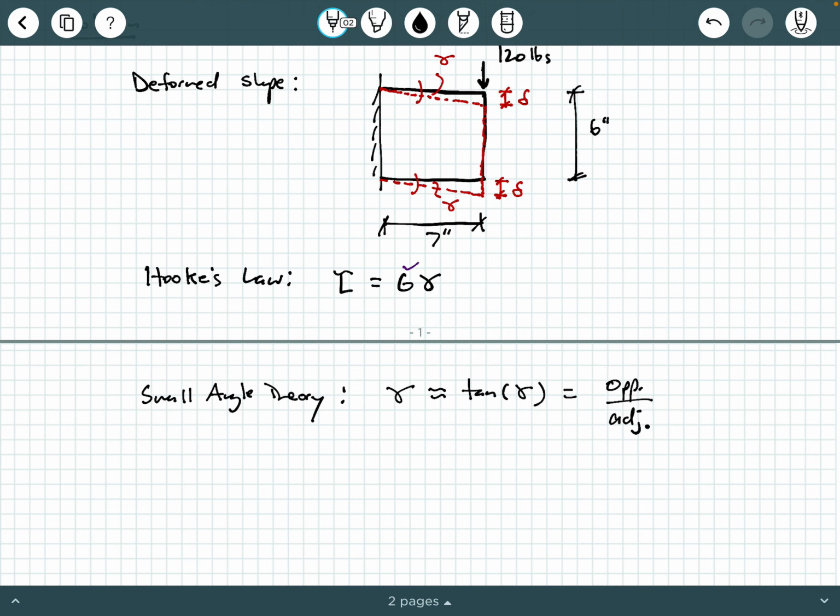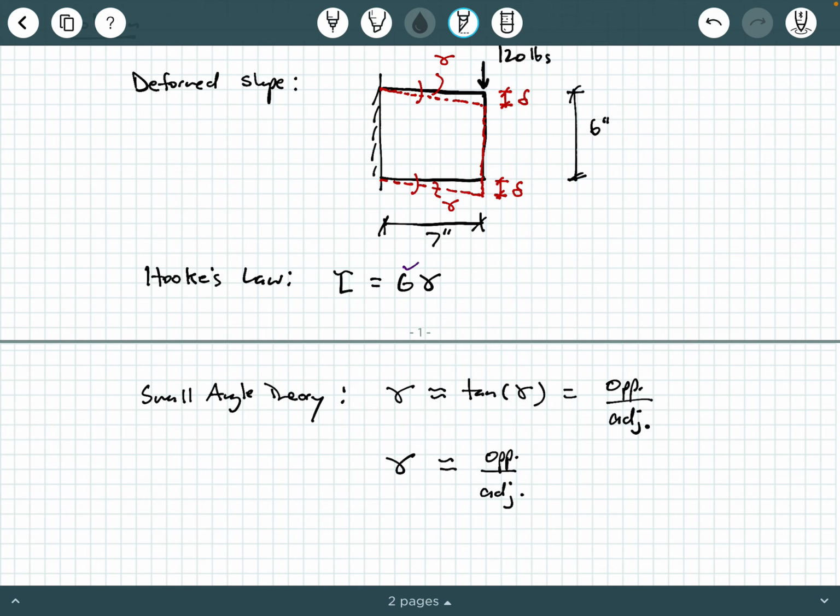So small angle theory says that when you have very, very tiny deformations, you can say an interior angle is approximately equal to just opposite over adjacent side, and then you can completely drop the tangent operator, okay? So that can save you some computational time and some computational headache depending on your given problem.